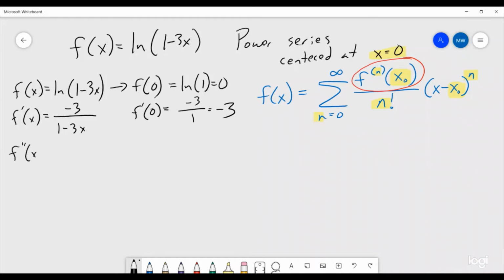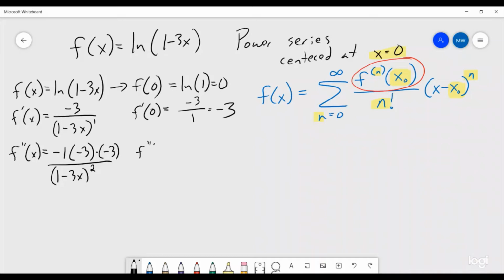F double prime of x is going to just be the derivative of negative 3 over 1 minus 3x. Notice this is 1 minus 3x to the 1. So this is going to give us a negative 1 times negative 3 all over 1 minus 3x, now raised to the 2, times the derivative of 1 minus 3x, which is another negative 3.